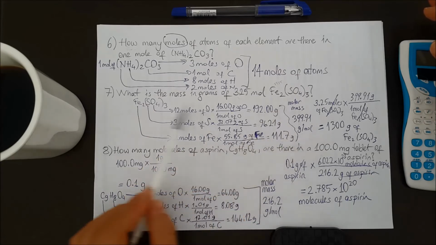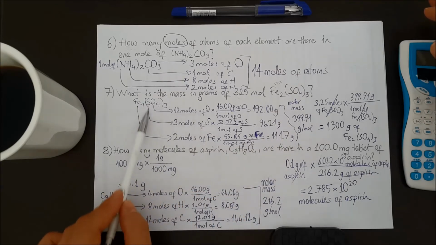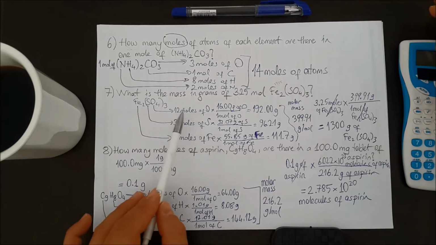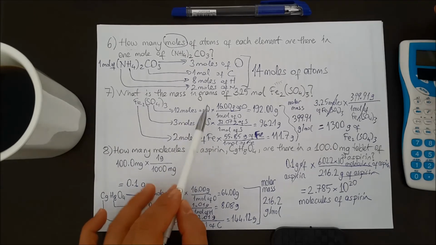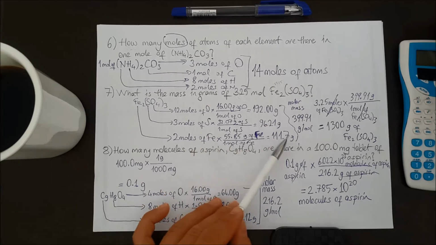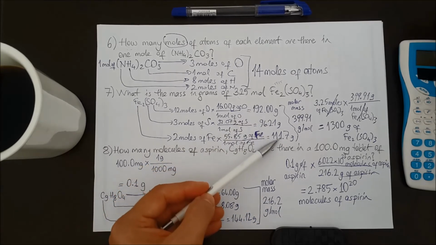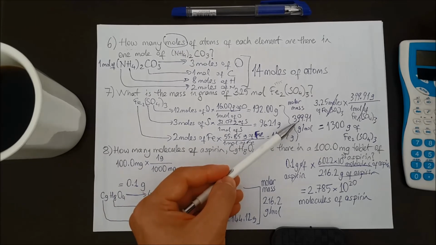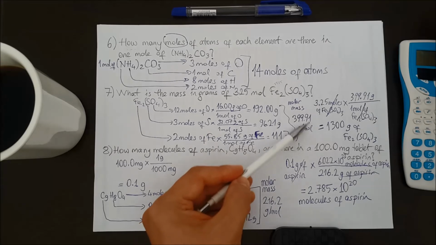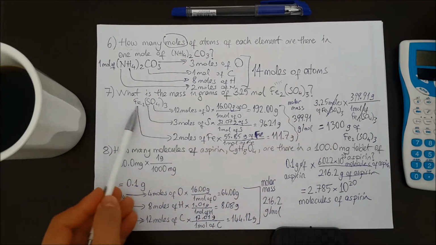You have 12 moles of oxygen, 3 moles of sulfur, 2 moles of iron in this compound. So you convert moles of each element to their masses, as you see. Then you will sum the masses of these elements, and you will get 399.91 grams per mole. This is the molar mass of iron(III) sulfate.